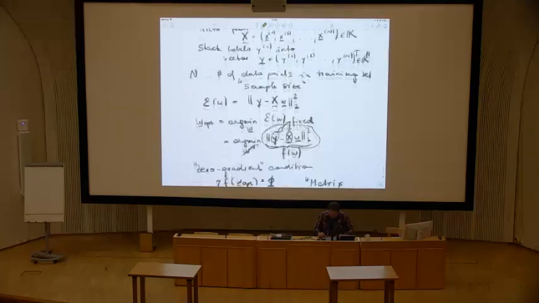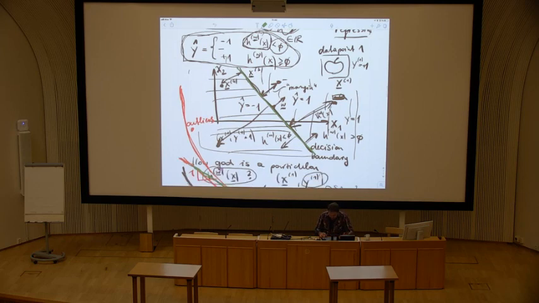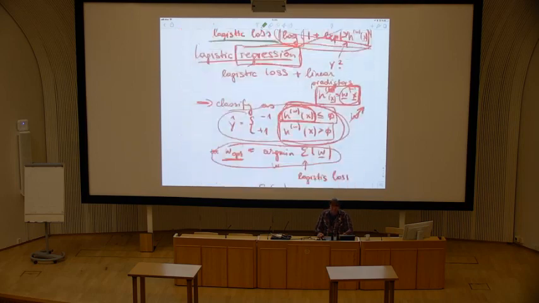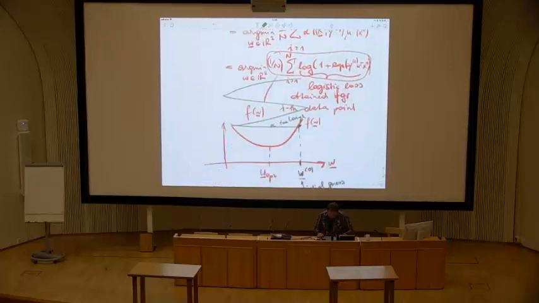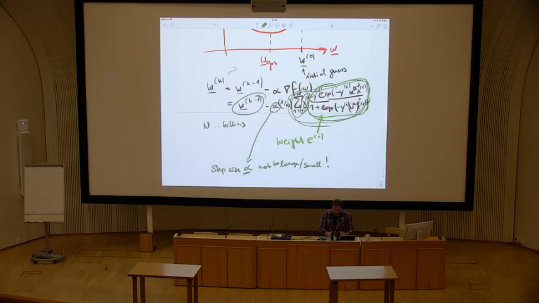So also support vector machines aim at finding such a hyperplane, such a decision boundary, to separate the two classes as good as possible. However, the difference between the support vector machine and logistic regression is the measure, how they measure the quality of a particular decision boundary. The advantage of using logistic regression is that we can use gradient descent again, so that we can find a convenient iterative algorithm to implement logistic regression.